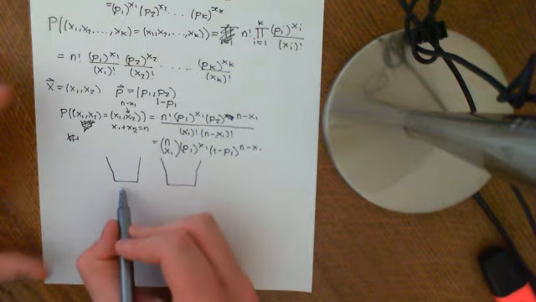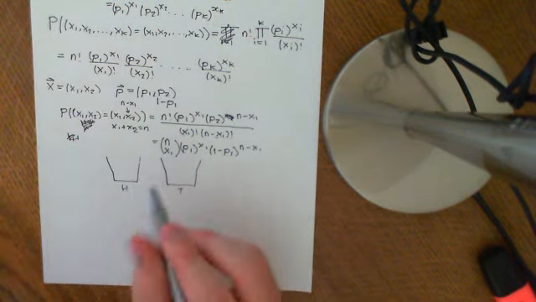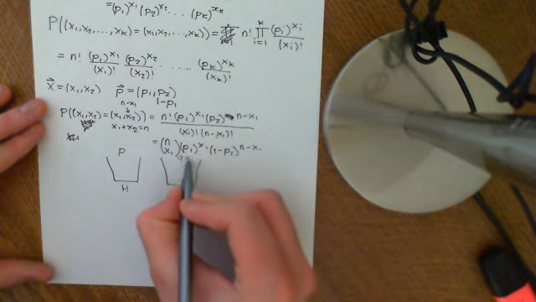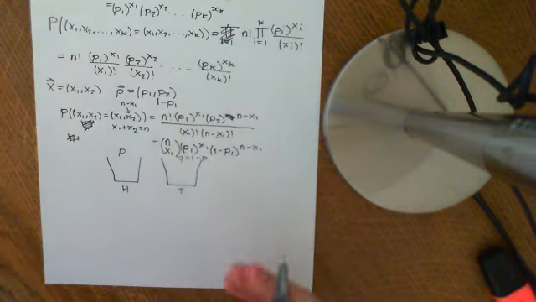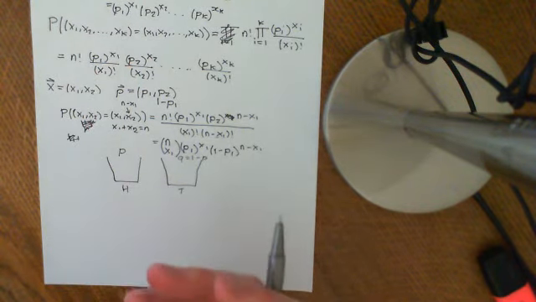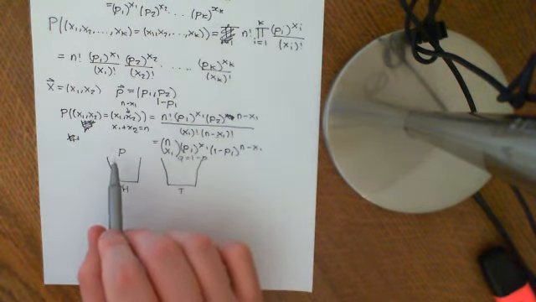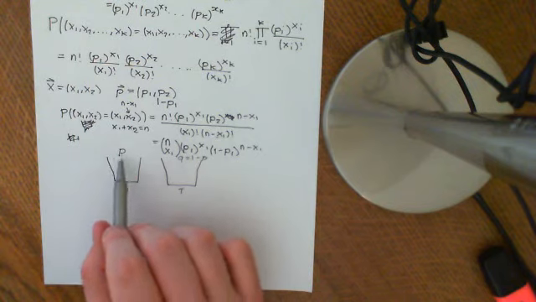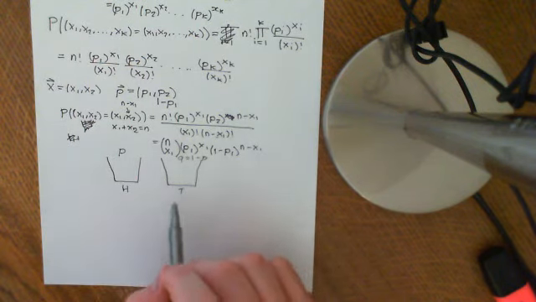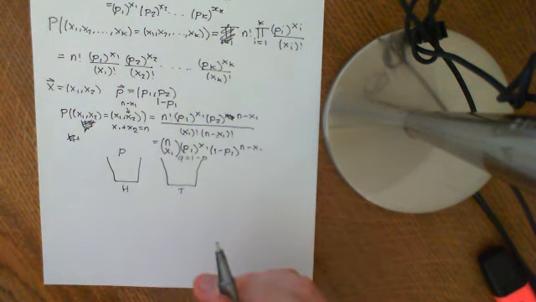If you called this basket heads and this basket tails, and you're just throwing balls into these baskets, and we said this is probability p, this is probability q, which is just 1 minus p, then it's exactly the same problem as tossing a coin, where the probability of the coin landing heads is p, and the probability of the coin landing tails is 1 minus p. Okay, so that's why it reduces down to the binomial distribution, and that's all I want to say in this video.